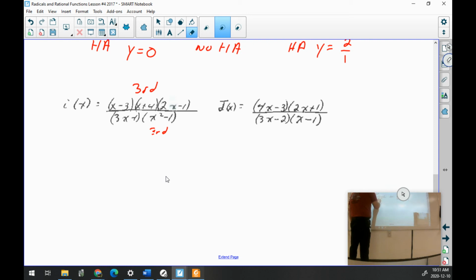It's hidden, but it's there. So we know we have a horizontal asymptote at some point. Now I'm just going to take the top. I'm going to have 1x times 1x times 2x, which gives 2x cubed. So the leading coefficient is 2. And down here I have 3x times 1x squared. My leading coefficient would be 3.